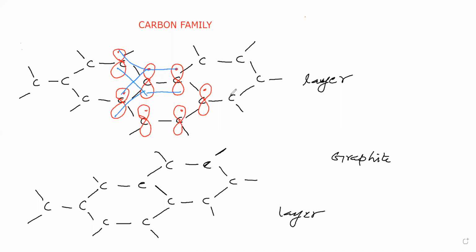This 2p electron will overlap laterally with left side, right side top, down right side. So it will overlap laterally with 3 other 2p orbitals of its neighbors, resulting in delocalized pi electron cloud.